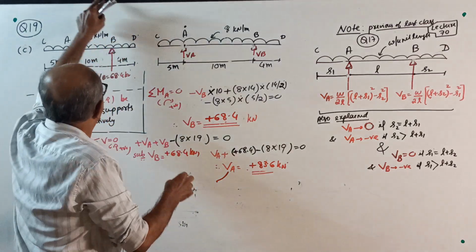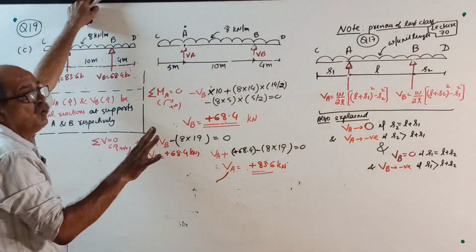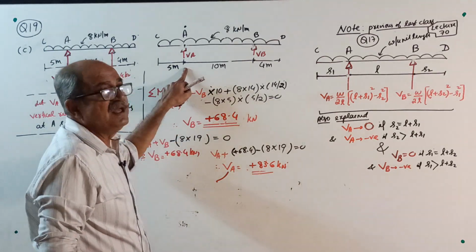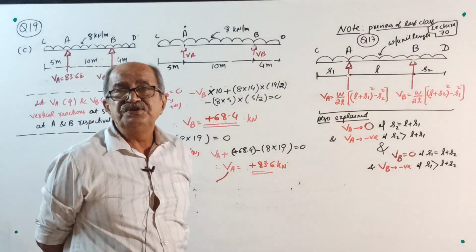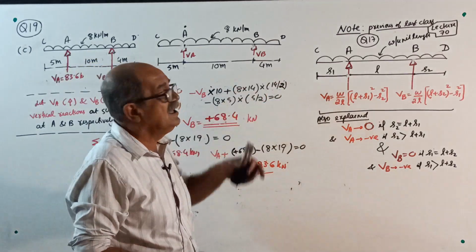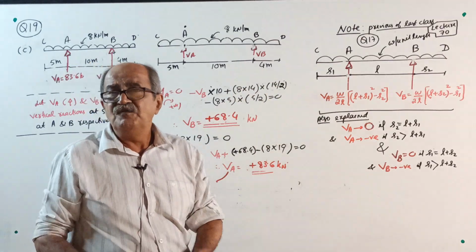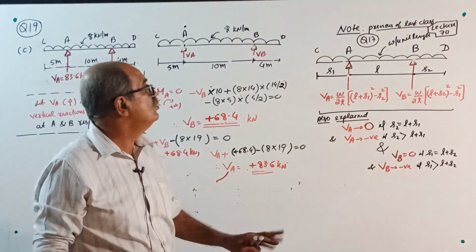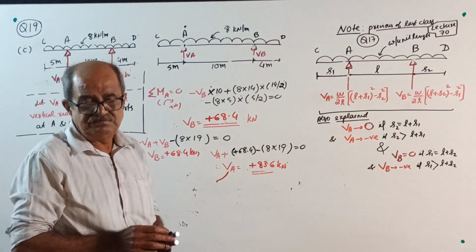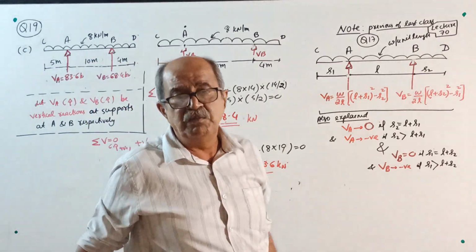Now I will do one thing. I will solve another 4 more questions. One question, VA will come 0. Next question, VA will come negative. One more question, when VB will come 0. Another question, when VB is negative. That's all. So question C, I set the question and write to save the time, because I have to clean the board also.